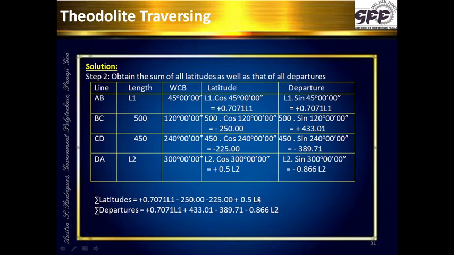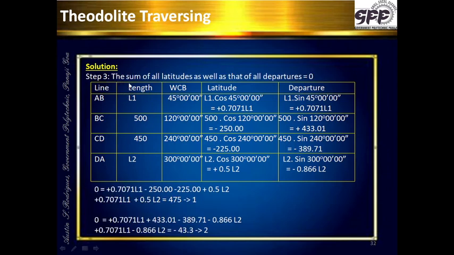Let us move ahead to step number 3. In step number 3, the sum of all the latitudes as well as that of the departures individually should be equal to 0.